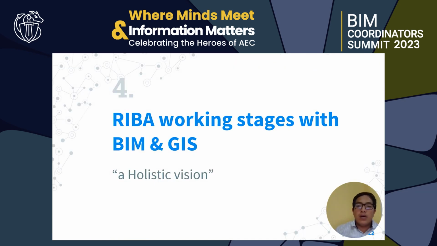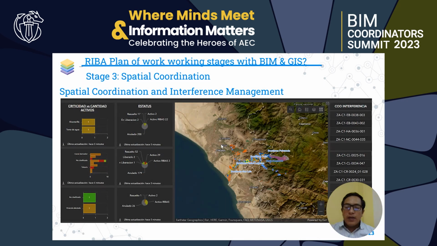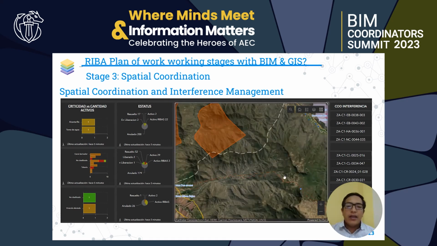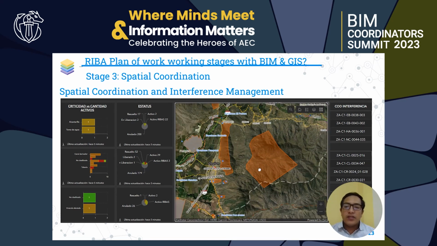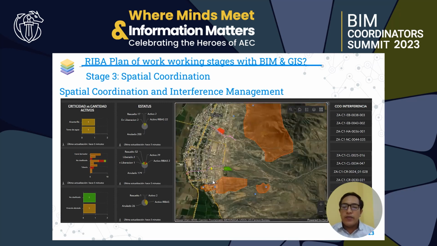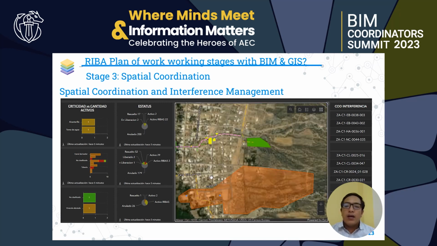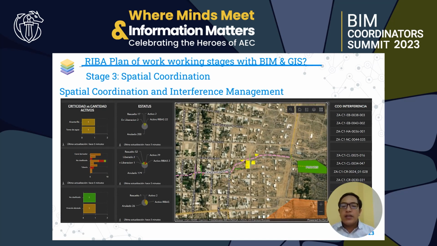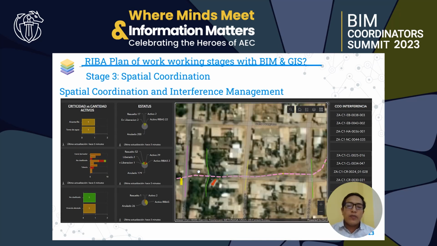Below, I will show some work methodologies that we obtained thanks to the integration of BIM and GIS. Spatial coordination and adequate interference identification management is born from the proposals of the outline of the riverside defense, to then superimpose them with layers of the other complementary disciplines.